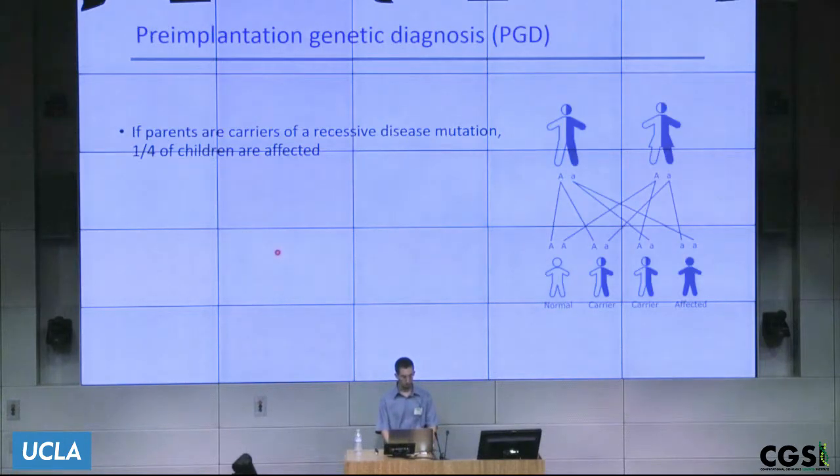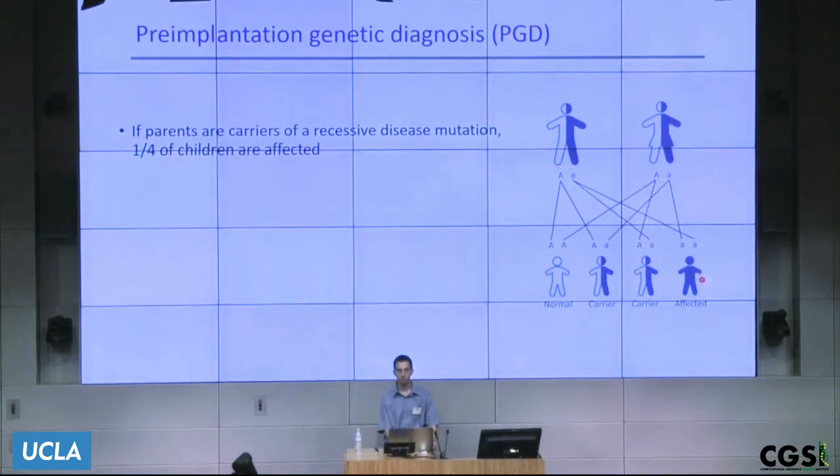Okay, so as we all know, from genetics 101, if we have two parents, a couple, where both are carriers of recessive disease mutations, meaning both are heterozygote carriers, then we know that on average, 1/4 of their children will be affected.